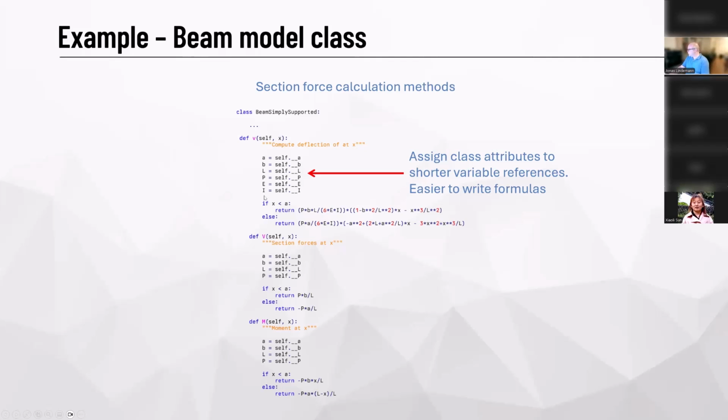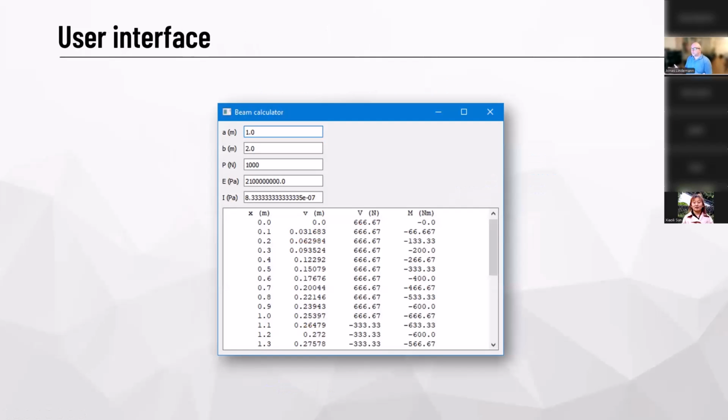And that's perfectly okay, because self underscore A will point to this reference automatically. So this will make it much easier to make the formulas more correct. So now I want to create a user interface that looks something like this. The user should be able to enter 1, 2, 1,000 and elastic modulus. And if we change a value, it should automatically update the table below.